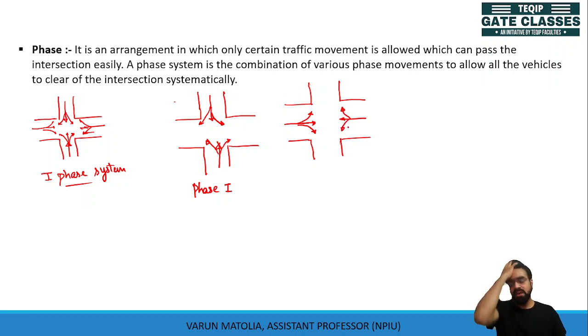So this is possible only when the right turning traffic is not significant. If it is significant, then there will be collisions. If it is not significant, then we can allow these vehicles to move. So this is phase 1 and this is phase 2.